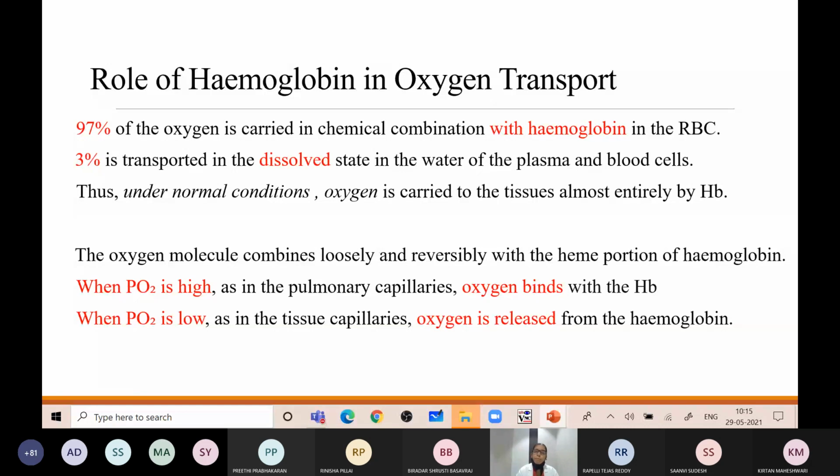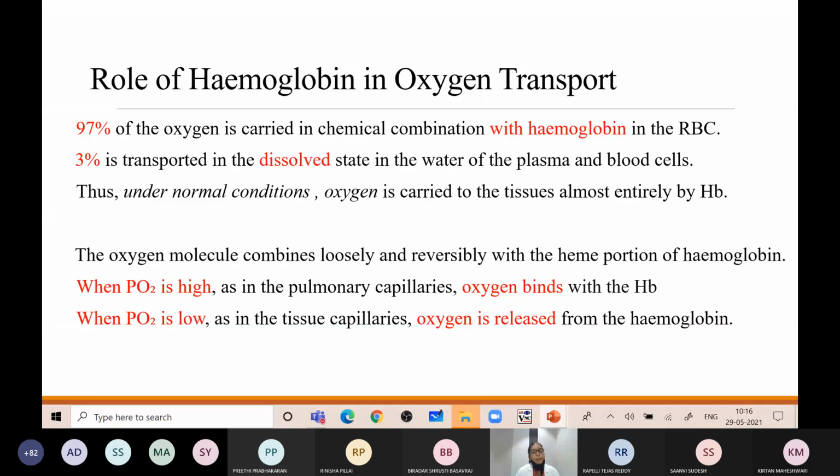How many ferrous ions are present in one molecule of hemoglobin? One? No. How many iron molecules are present in one? Yes, four. Very good. Four.